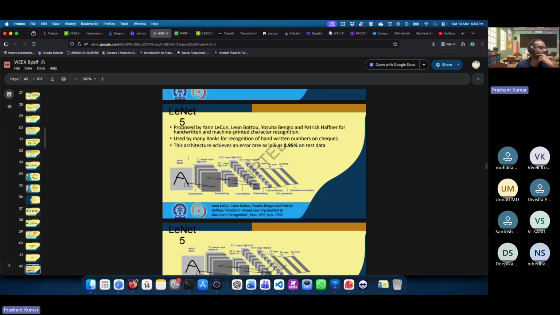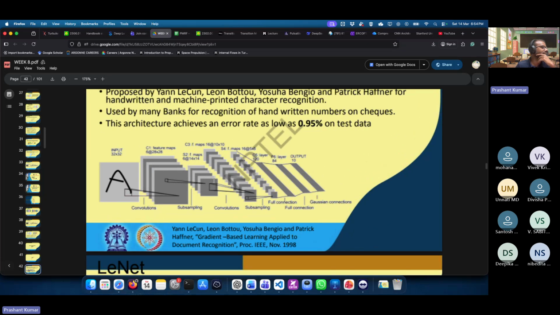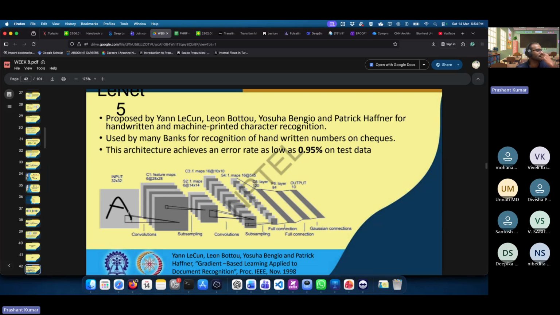So let's zoom in a little bit. This is what a simple LeNet looks like. It has been used historically in banks' ATMs to read checks, because earlier people used to write the checks with the numbers, and this made it automatic. And this LeNet was made by the most famous person, Yann LeCun.